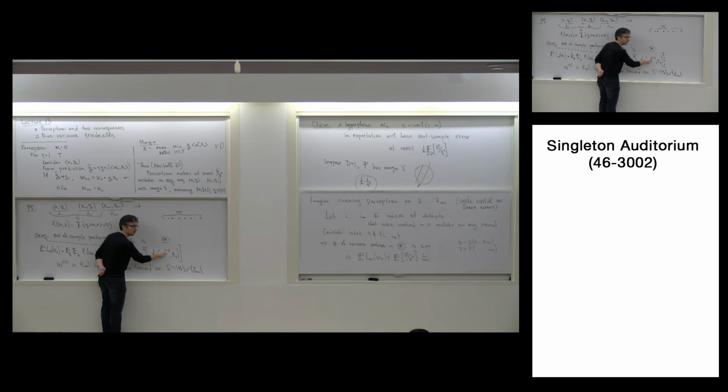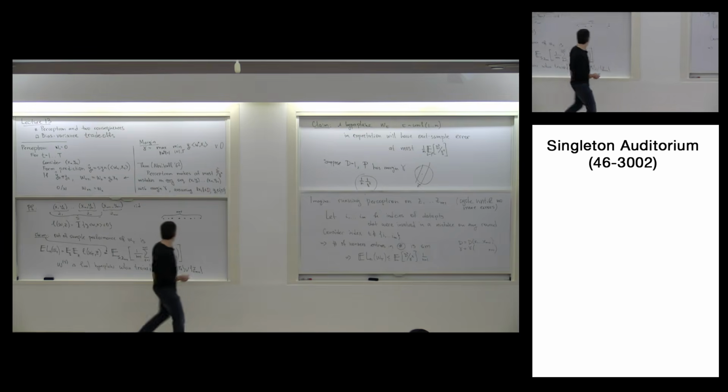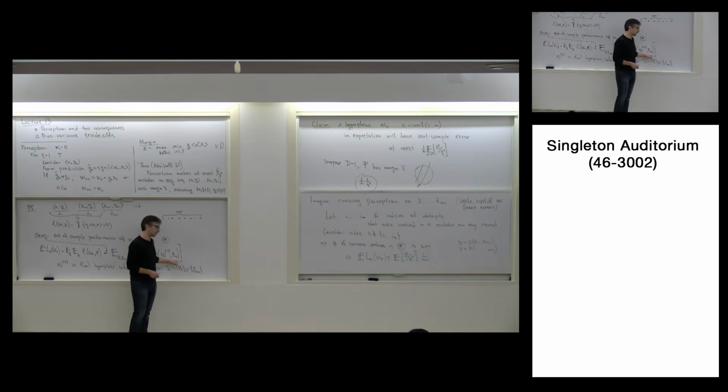If that t-th point that you left out is not in that collection, then this coincides with W capital T. This coincides because whether you left it out or you didn't doesn't matter. And then you would predict correctly on that point.